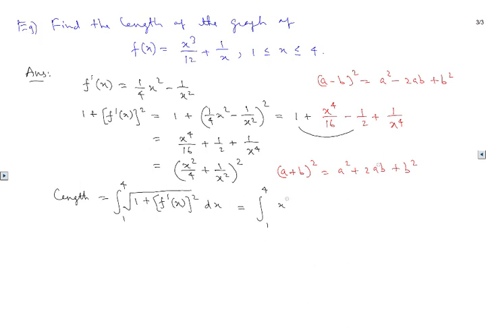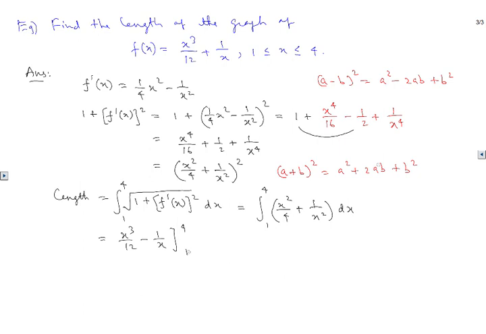We simply end up getting the square root of x to the 4th over 16 plus 1/2 plus 1 over x to the 4th, which is x squared over 4 plus 1 over x squared, dx, because the square cancels the square root. Now this is a very easy integral, so you can integrate this one, and you're going to get x cubed over 12, and then that's going to be minus, because x to the negative 2 means 1 over x, and then you're going to evaluate this at 4 and 1.